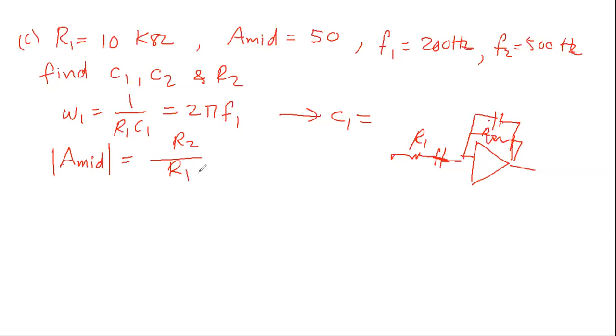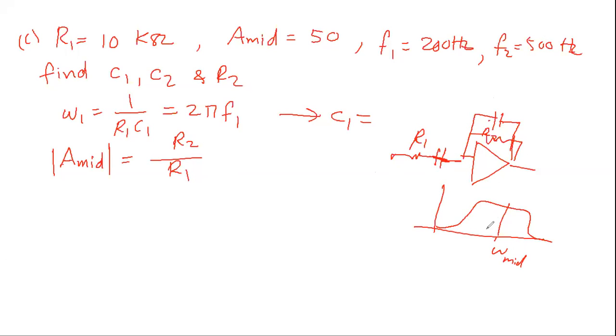So the midband gain: the frequency is too high for C1 and too low for C2. If you are in the mid band here, so this frequency here, omega midband, or omega 0, it's in the middle.